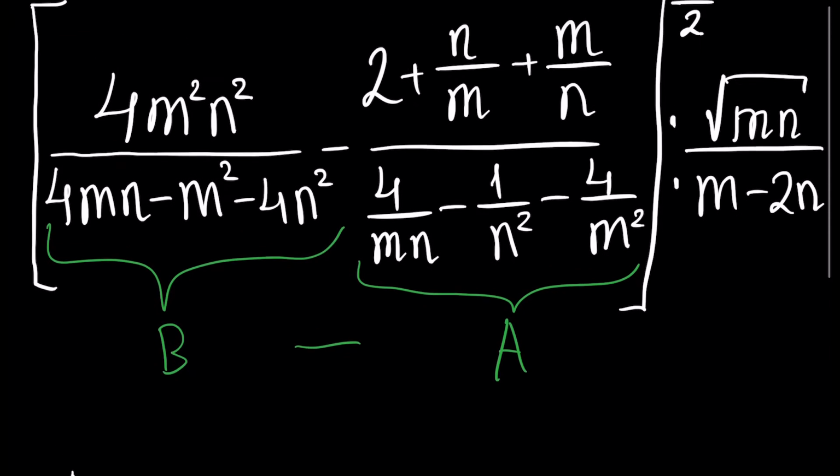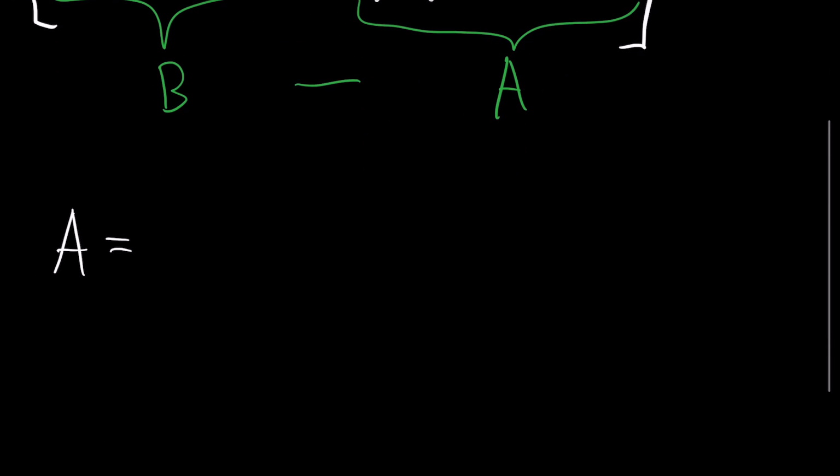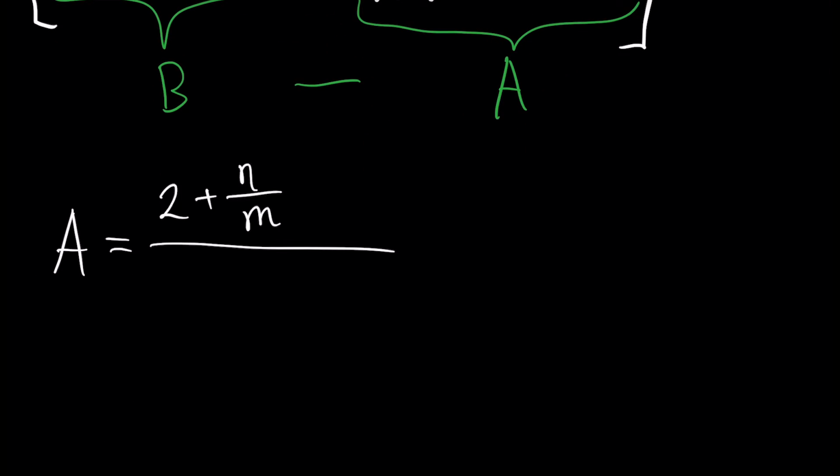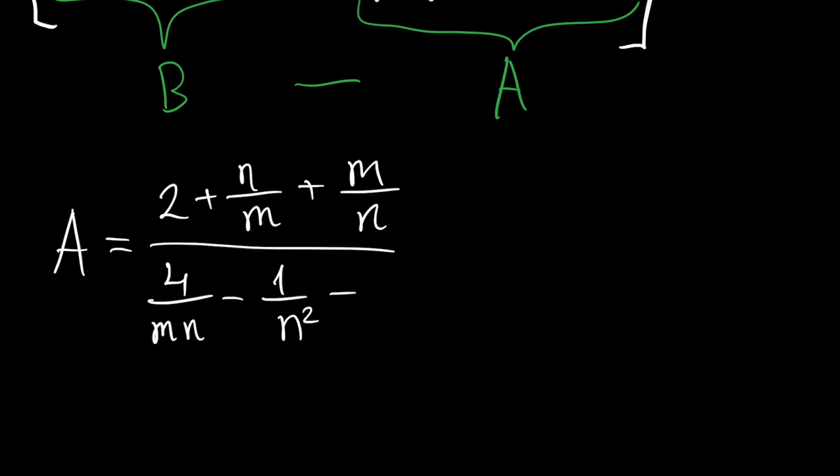Let's rewrite A first: (2 plus n divided by m plus m over n) divided by (4 over mn minus 1 over n squared minus 4 divided by m squared).